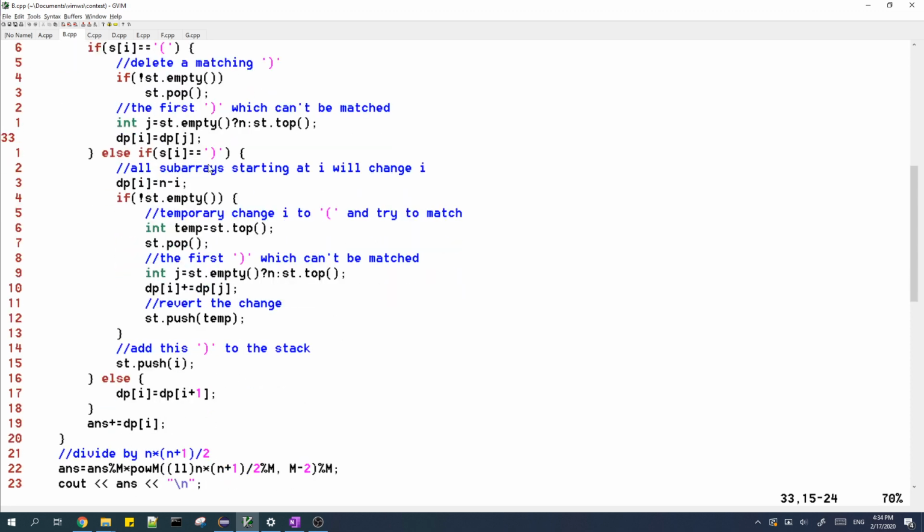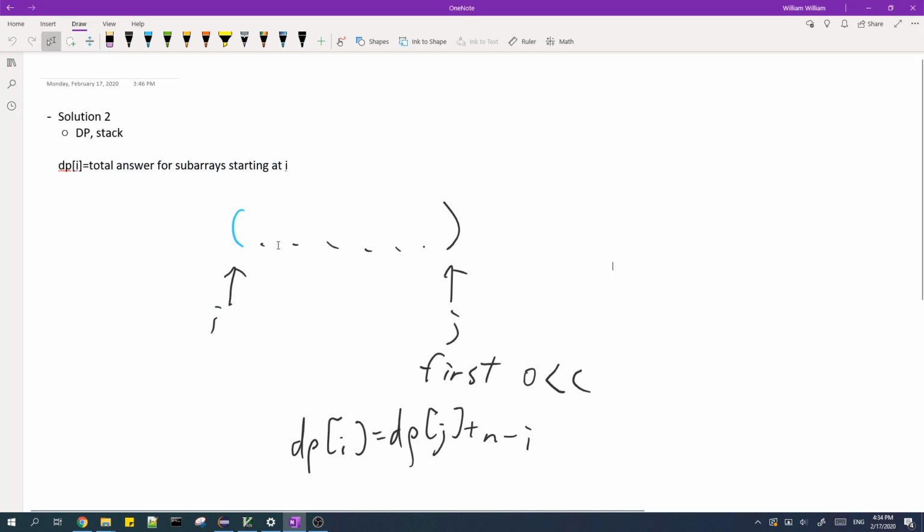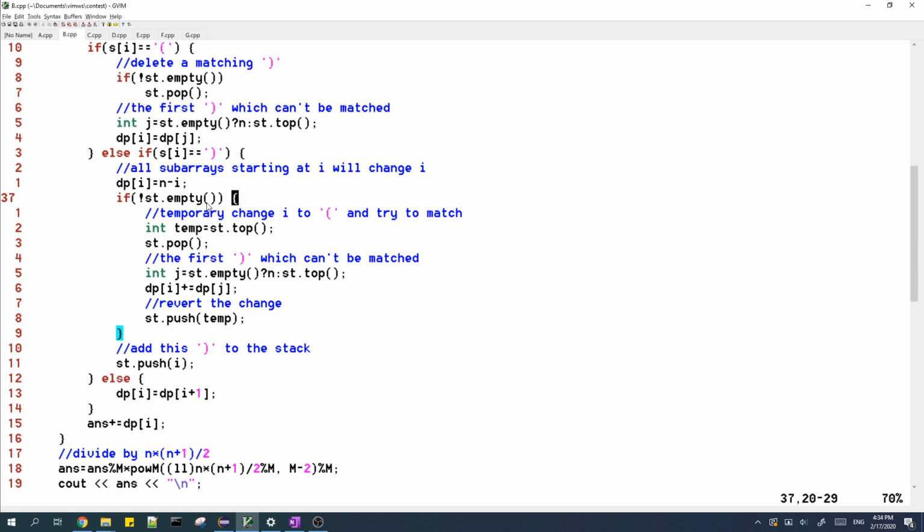Okay, so that's the first case. The second case is when the new character is a closing parenthesis. In that case, we know that all subarrays starting at I will change index I, so we start out with an answer of n minus I. Then we pretend that we're going to change this closing character into an opening character, and we try to match the new opening character with another closing character.